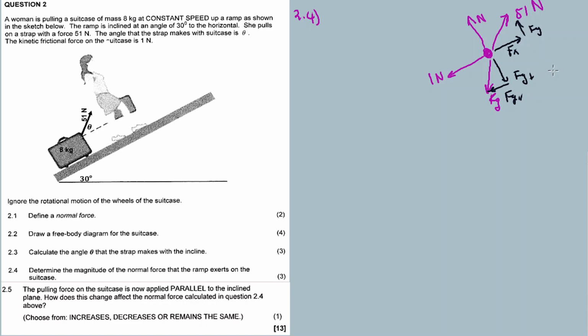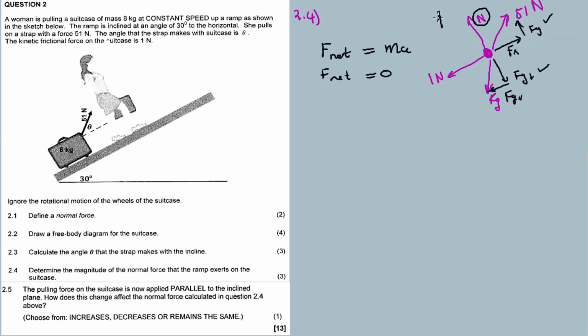All right, so in order to find the normal force, I need to use our vertical components only, since the normal force is in the vertical plane. On the vertical plane we don't have any motion, so F net is equal to 0, since there's no movement.